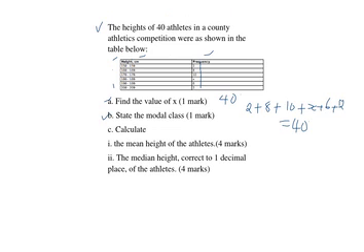Part B, estimate or state the modal class. The modal class is the class which has the highest frequency. So we check the one which has the highest frequency, and we realize that x is the highest, which is 12, because it is higher than 2, 8, 10, 6, and 2.